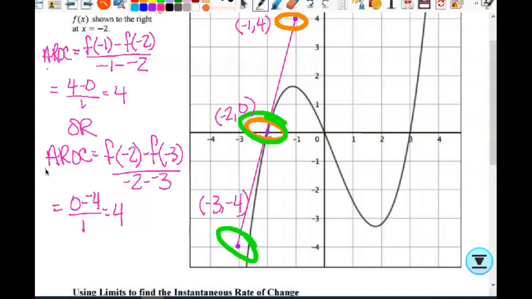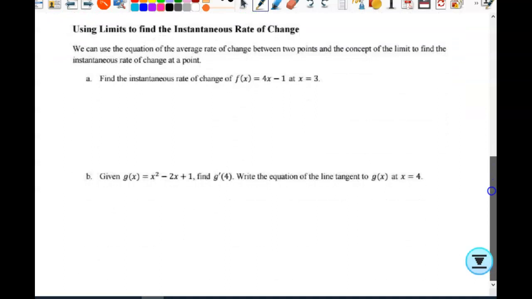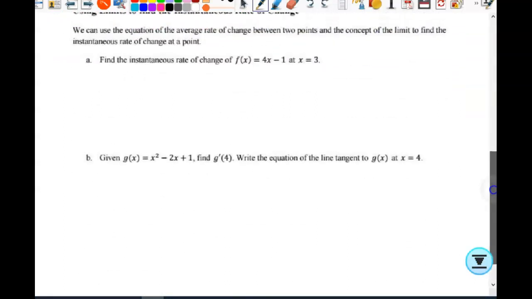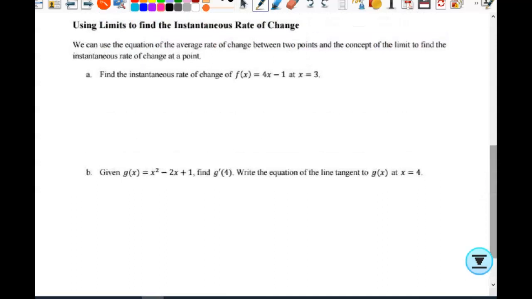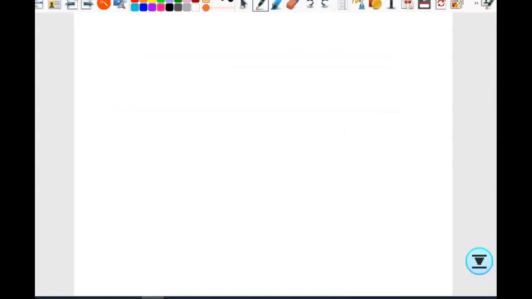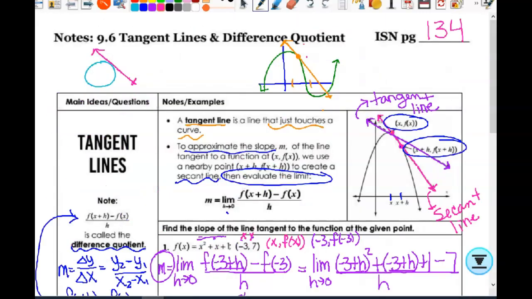Okay, so now we're going to talk about how we're using the limits to find the instantaneous rate of change here. Remember, I'll take you back to this again. There it is.